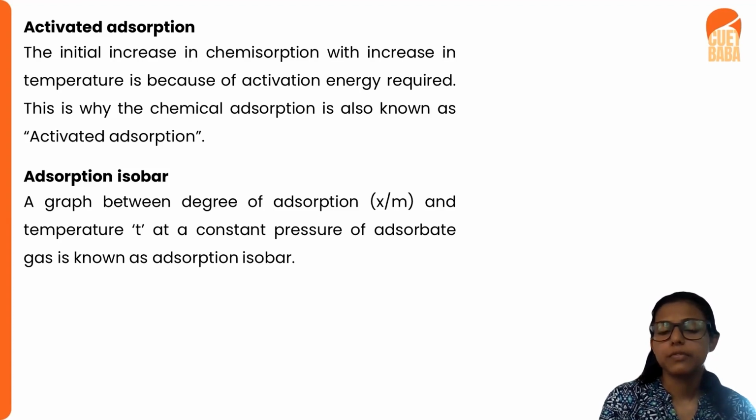If a graph is drawn between the degree of adsorption, x by m, and the temperature at a constant pressure, it is called the adsorption isobar. There will be no change in the pressure. The pressure is only kept constant. So the graph drawn between x by m and the temperature is called the adsorption isobar.